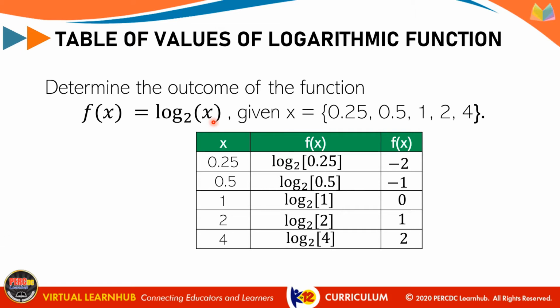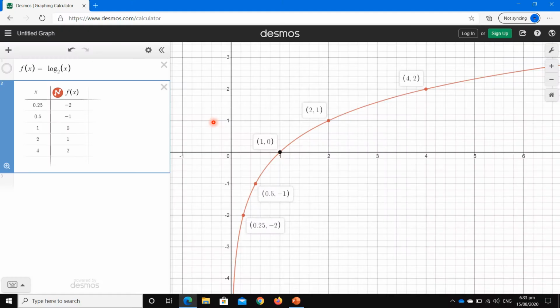Now that we have all these x and y values, we are going to plot these points. From our function, log of x to the base 2, we acquired the following points: 0.25, negative 2; 0.5, negative 1; 1, 0; 2, 1; 4, 2.